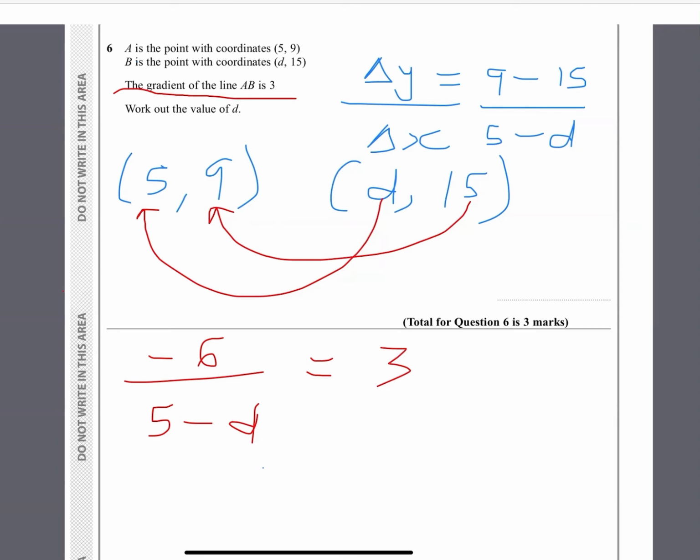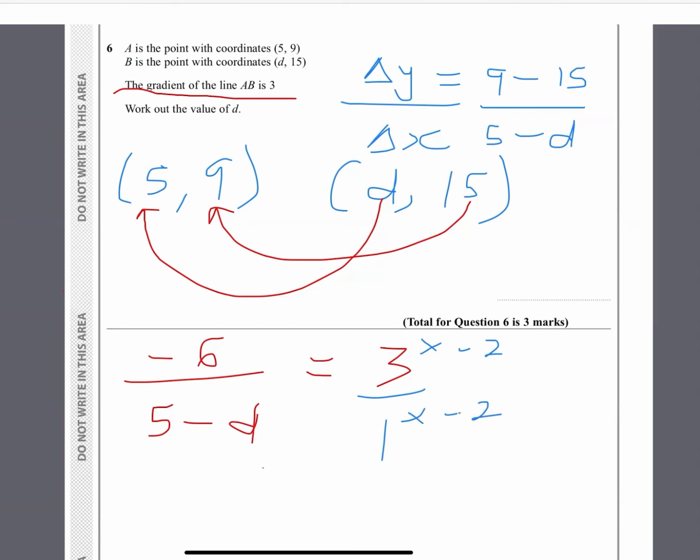So how do we go about finding the value of t? This is like solving equations, isn't it? We can cross multiply if we want to, or we can say this is over 1 and multiply the top and the bottom by -2.